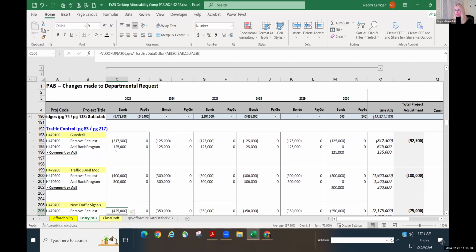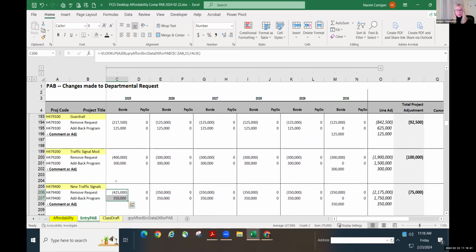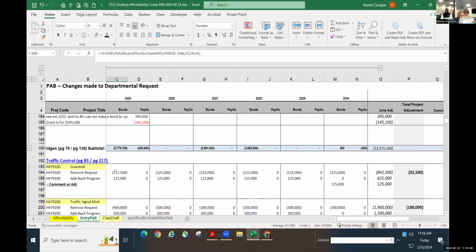It's just the fiscal year 25 increases, like 92,000 here, 100 here, and 75,000 here. What page are you on? Traffic control starts on 83 of the overview and 217 of the one pager. Got it. Thank you.